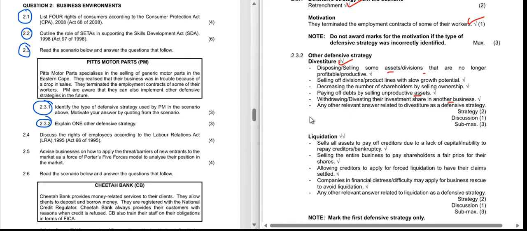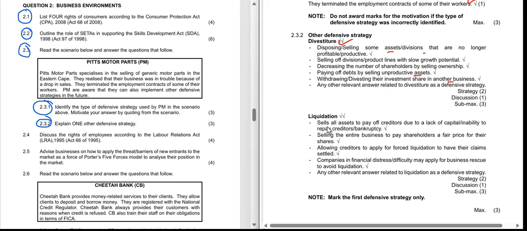And then we have liquidation. Liquidation is when you sell all assets to pay off creditors due to lack of capital, inability to repay creditors. Selling the entire business to pay shareholders a fair price for their shares. Normally you do this when you are actually closing the business because you can't operate it anymore. You are not making profits.